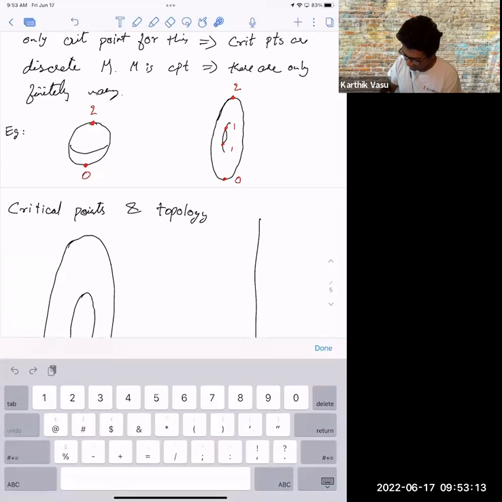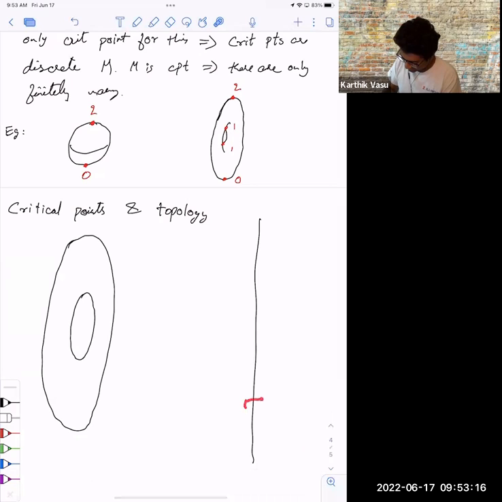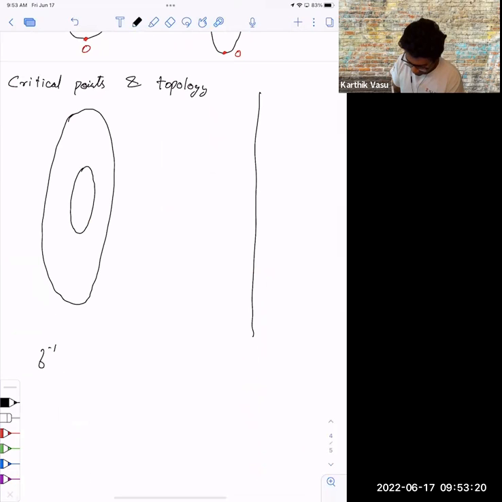And I look at the inverse image of something like this. So I will look at f inverse of negative infinity to, let's say, some alpha. Then I want to see how this changes as I move up. Let me point out the critical points here. So these were correspondingly here, and here.